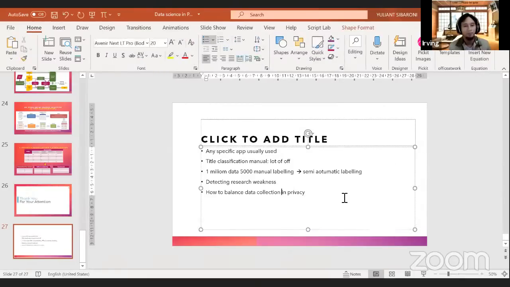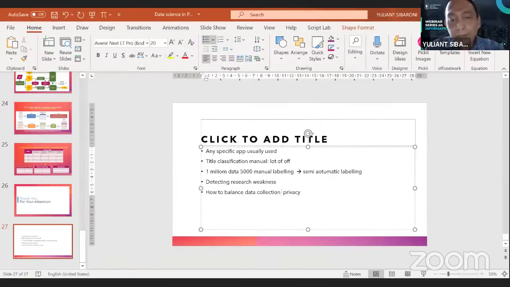In my opinion, for example in classification methods, we have to see the data manually, and if there is privacy data, when we publish a research paper that contains data, we have to check where the privacy data is or not.